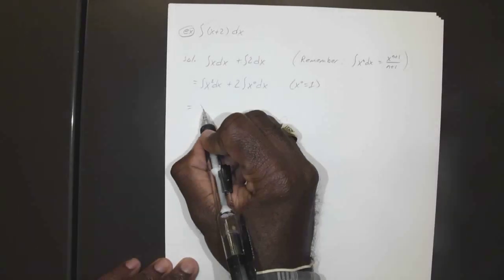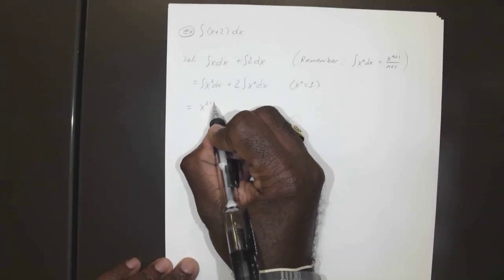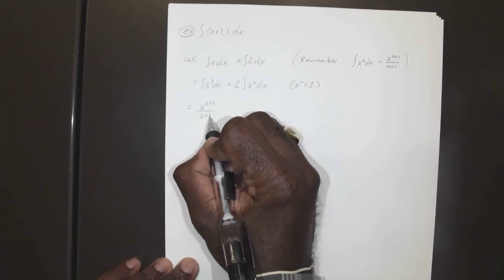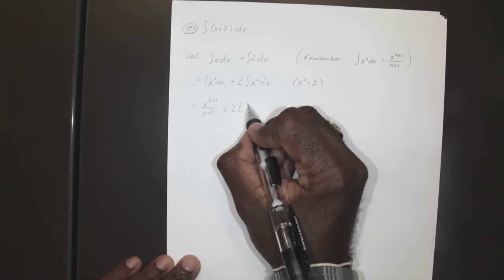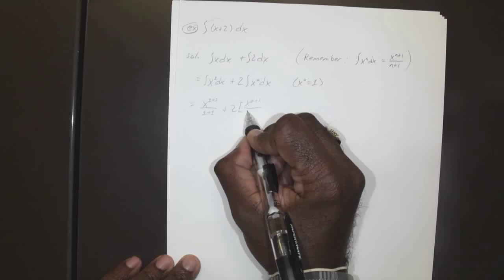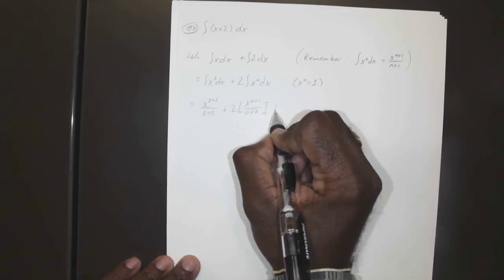So this is x to the 1 plus 1 over 1 plus 1 plus 2 times x to the 0 plus 1 over 0 plus 1 plus c.